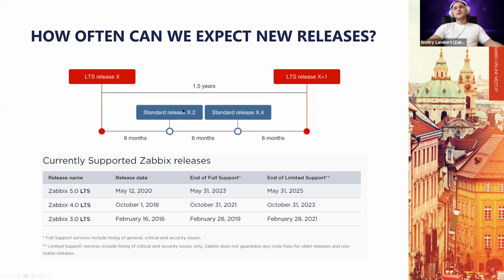So the thing is that the new major version, I'm not talking about the minor releases, which basically just contain some fixes, so the new functionality is released in the major releases. Every major release is released roughly every 6 months, which is not that big of a period.